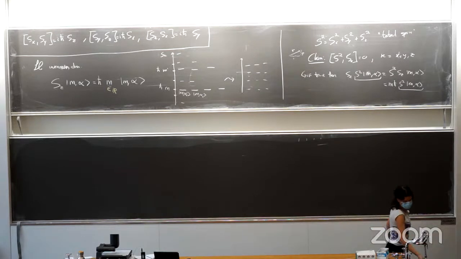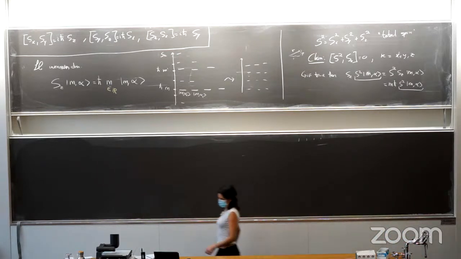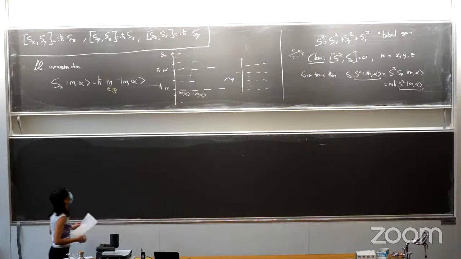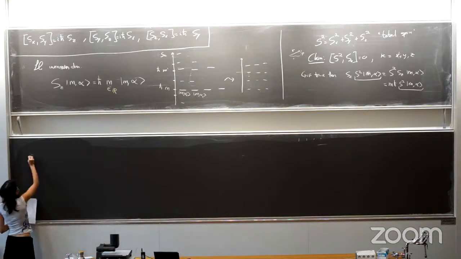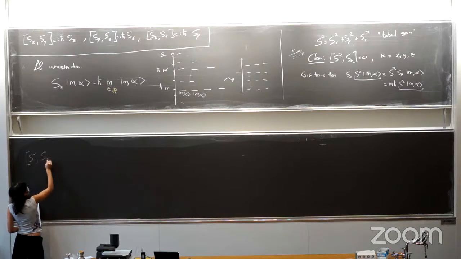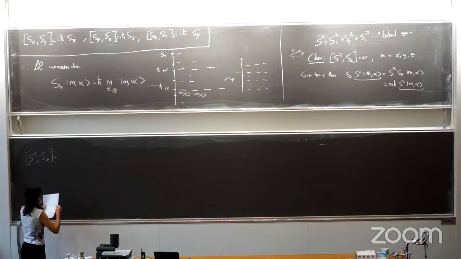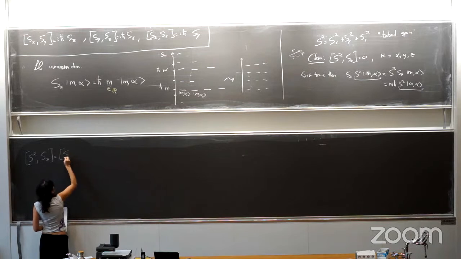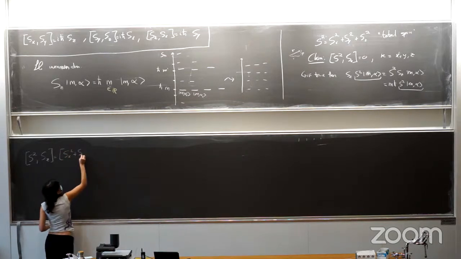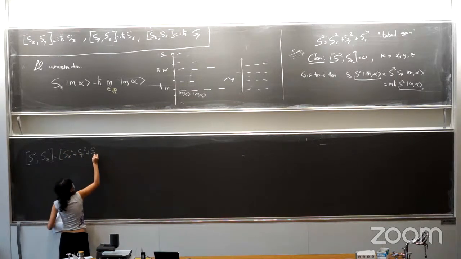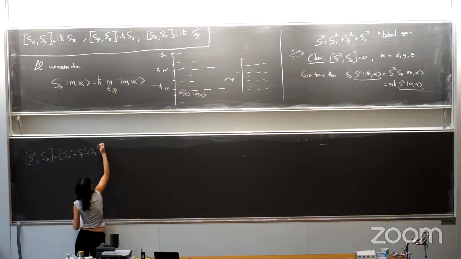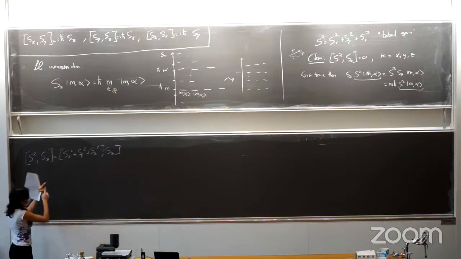So we want to prove that thing. Let's do it for Sz, and for the other two, it's analogous. So then, well, what's this? We have Sx squared, Sy squared, Sz squared. And the commutator is linear, right?